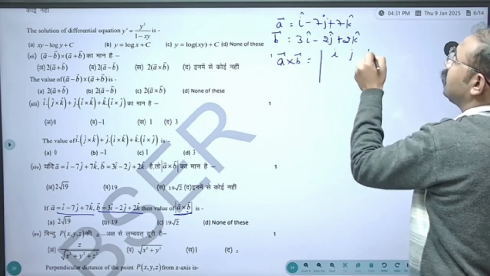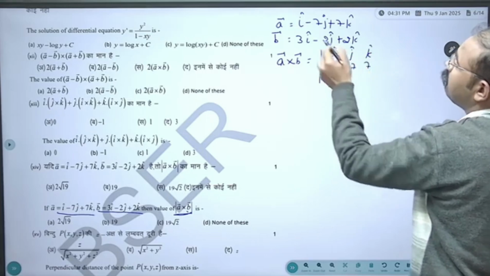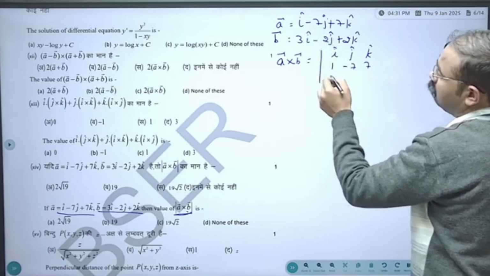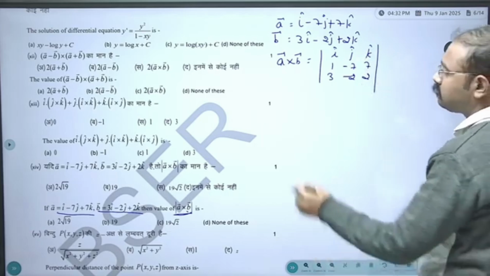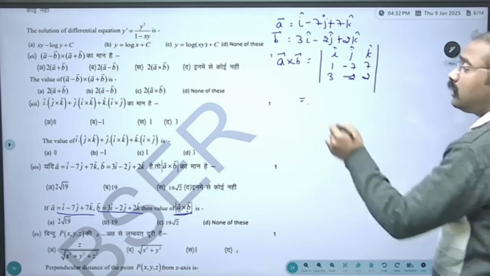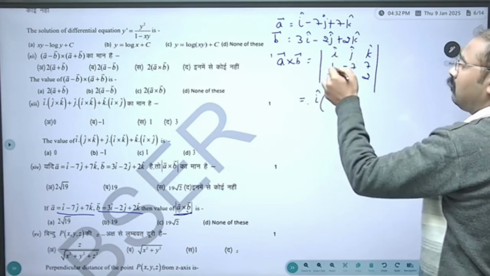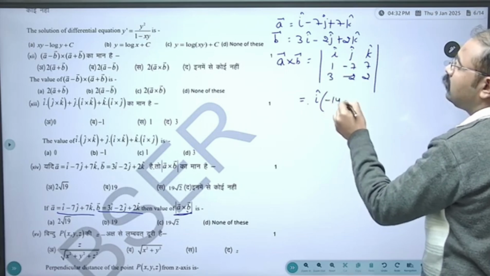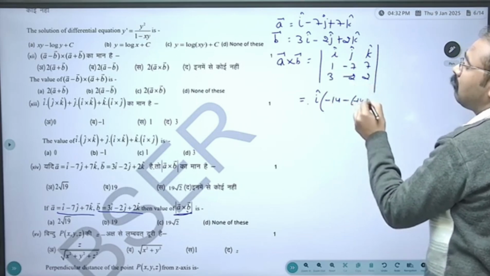i cap, j cap, k cap. 1, minus 7, 7, coefficients of these. 3, minus 2 and 2, and we will solve this determinant. i cap, leave this column and this row. Minus 7 multiplied by 2 minus 7 multiplied by minus 2, minus 14 plus 14.